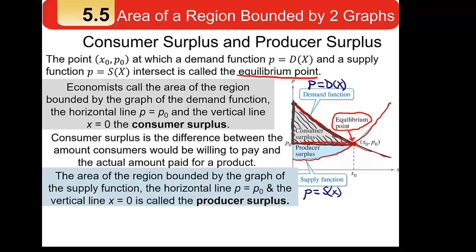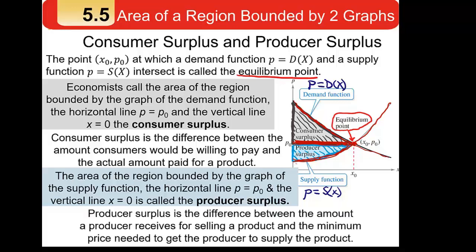And then this area shaded below the consumer surplus, this labeled producer surplus, it's that area right there. That's the area below the horizontal line P equals P sub 0, which is the y-coordinate of the equilibrium point, and the supply curve. That area is the producer surplus.